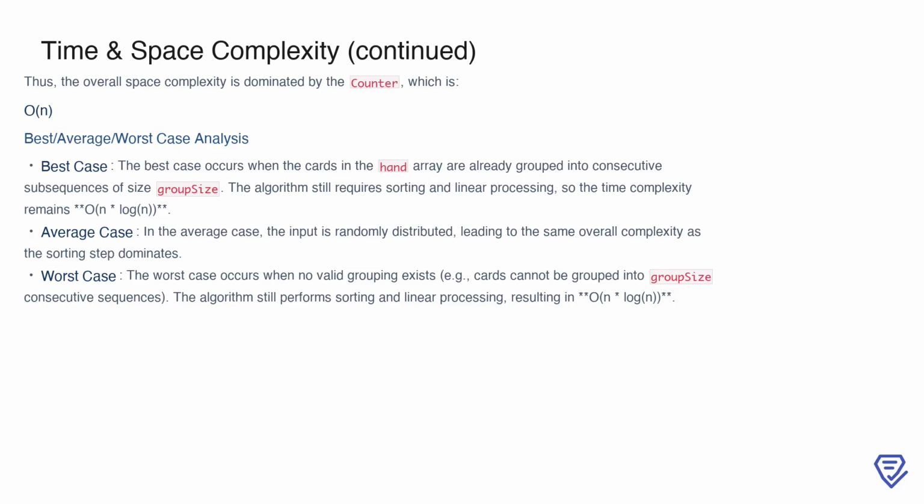For the average case, where the input is randomly distributed, the same sorting operation still dominates, leading to the same overall complexity of O(n log n). In the worst case, where no valid grouping is possible, such as when the cards cannot form group-size consecutive sequences, the algorithm still executes the sorting and linear processing steps, which again results in O(n log n). Therefore, regardless of the input distribution, the time complexity consistently depends on the sorting step.